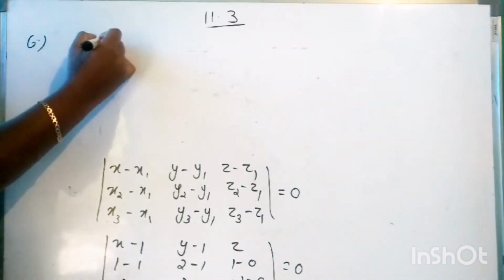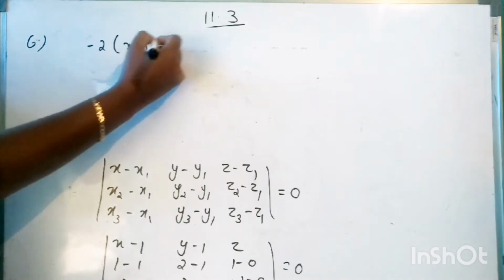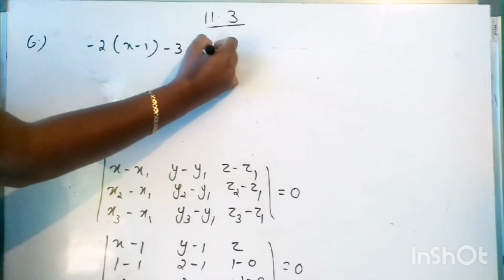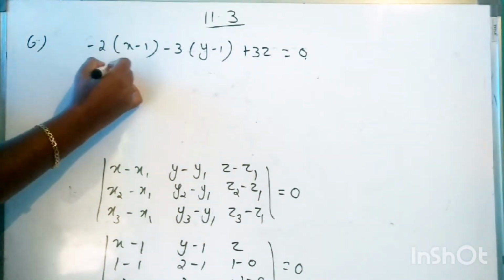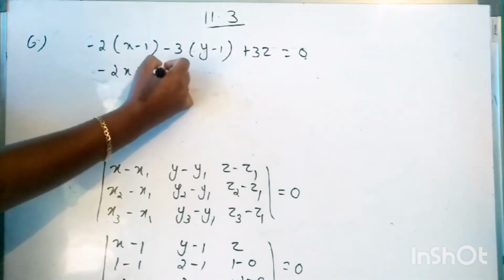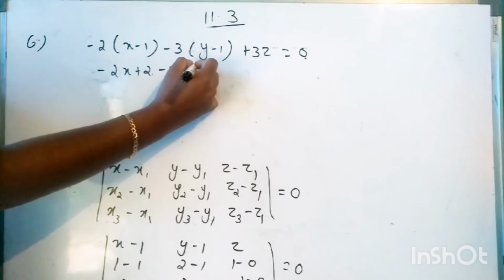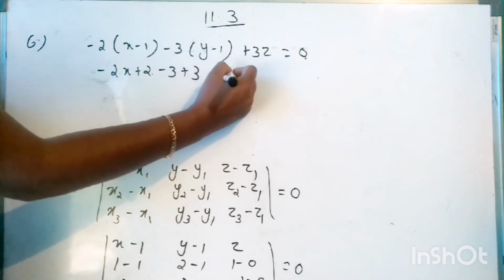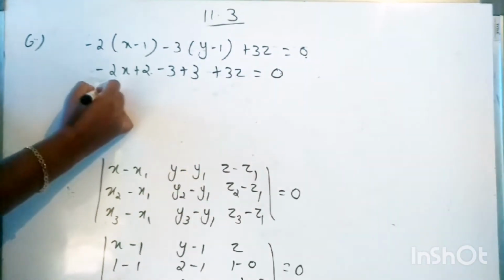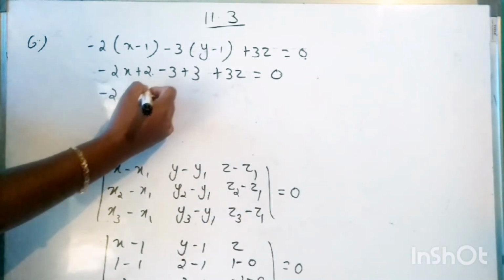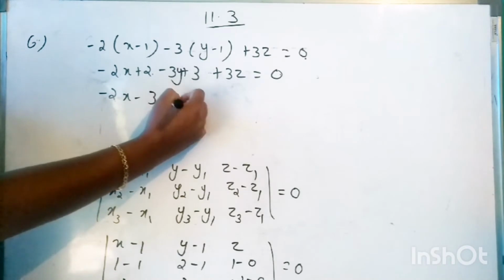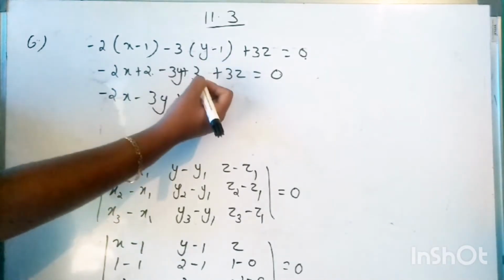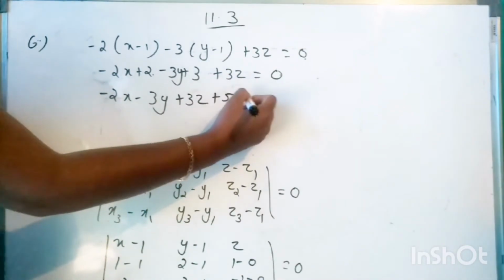Then we will get minus 2 into x minus 1, minus 3 into y minus 1, plus 3z equal to 0. That is minus 2x plus 2, minus 3y plus 3, plus 3z is equal to 0. So it's minus 2x minus 3y plus 3z plus 5 is equal to 0.